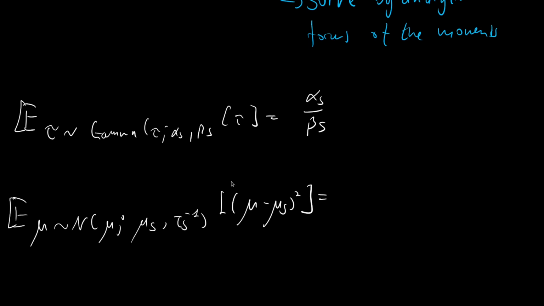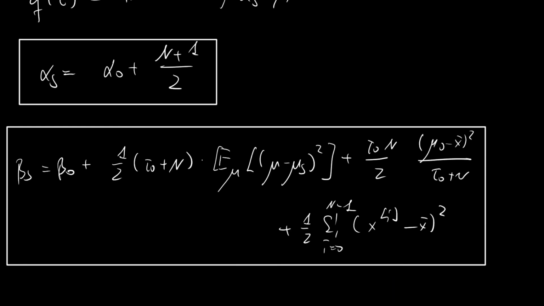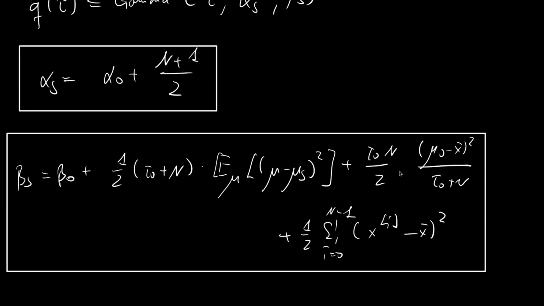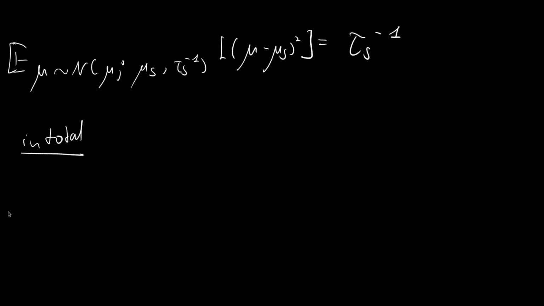And the second order central moment is the variance. We have our normal parameterized by the precision. The precision is the inverse variance, so this is nothing else than the inverse precision. With this information, we have solved these expectation expressions, and we have full analytical update equations for the parameters of our surrogate posterior. So in total, we have update equations for the 4 parameters.